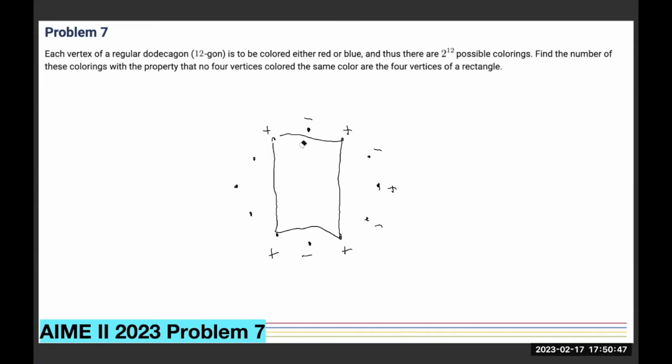So let's think about this. What property does a rectangle have? If we just took a random rectangle out of this dodecagon, what could we always say about it? And how could we use this in this problem? So here's a random rectangle. If this is actually a square, doesn't really matter.